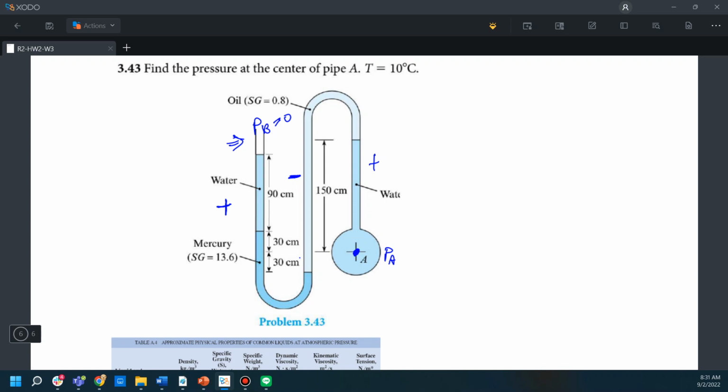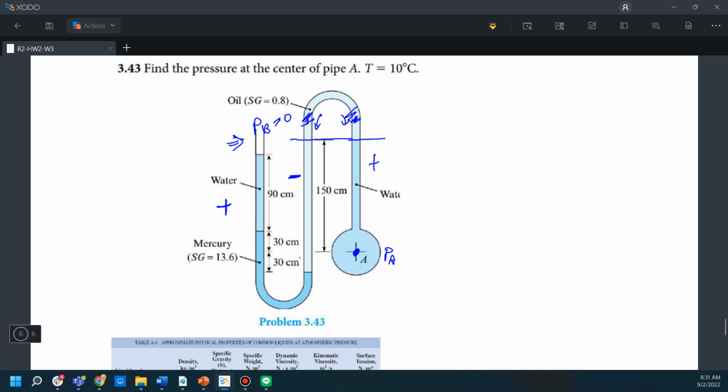Before listing out the equation for this PA, we can do another trick. We can draw a line here, and because the liquid here and liquid here are the same, they are both oil, they provide equal weight, equal force but with different directions. So these parts will just cancel each other out.